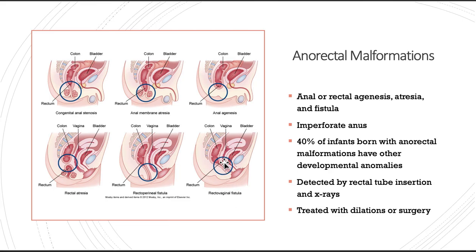So here you can see you have an opening here between the vagina and the colon. So this is a rectovaginal fistula here. And then this one is a rectoperineal fistula here. And so you can have all of these little things, and they're all congenital malformations, and it's just a matter of identifying what it is.